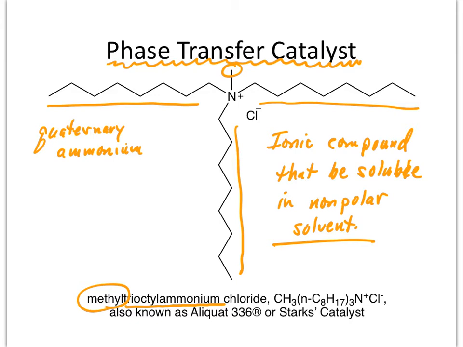And so if we can replace the chloride ion with a bromide ion, the phase transfer catalyst can carry our bromide ion into the nonpolar solvent to act as a nucleophile.